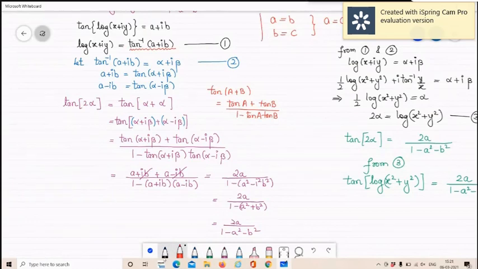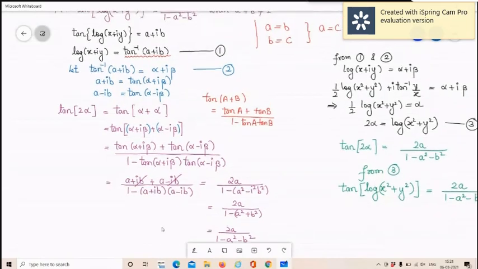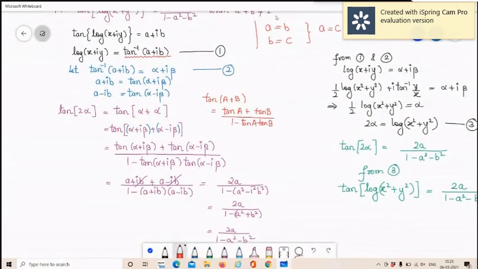Yes, ma'am. That is what I have done from 1 and 2. Now you compare. Compare and you will understand what I have just written.